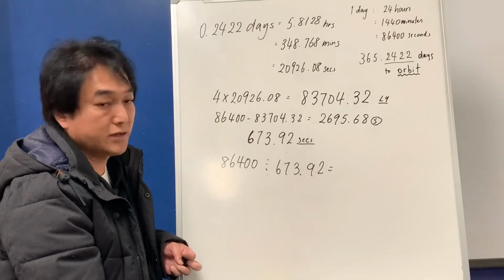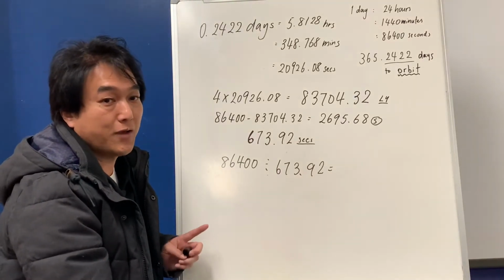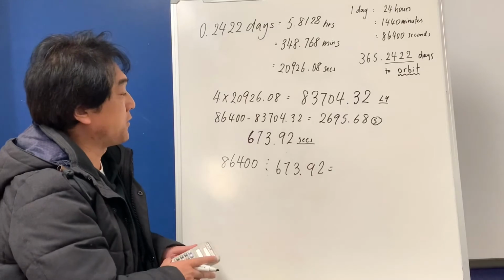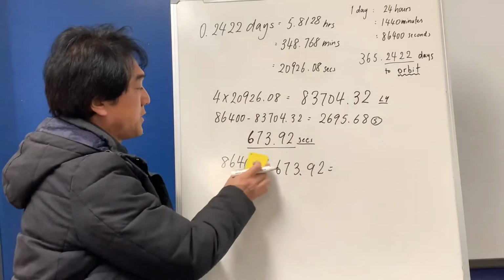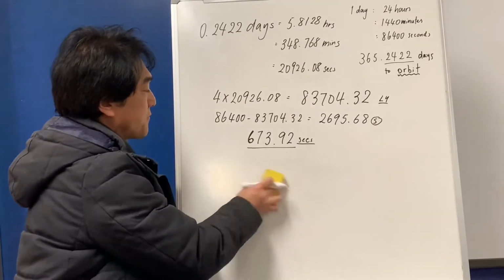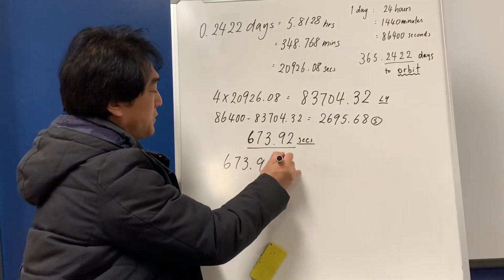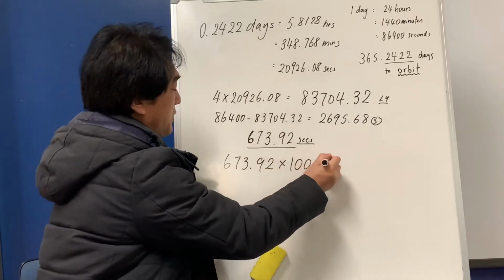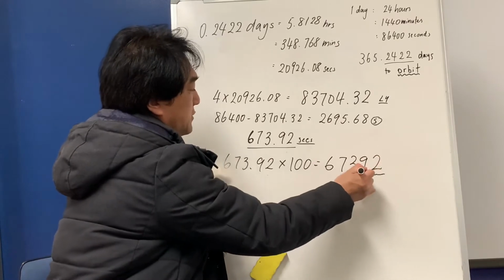We're going to change something. So we actually change the leap year every 100 years. So every 100 years, multiply this by 100. Multiplied by 100, 67,392 seconds.